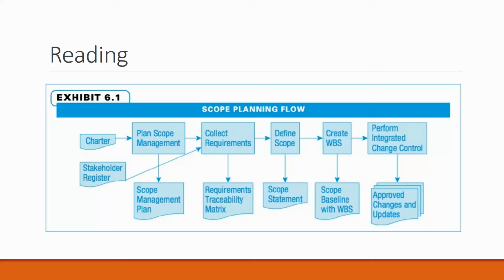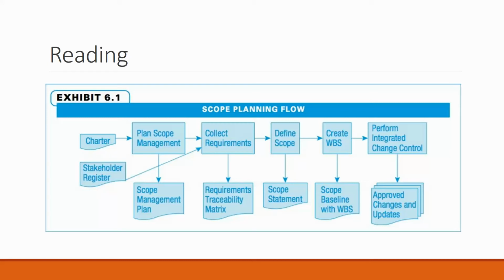scope planning. And we start with our project charter, and our project charter helps us plan our scope management, right? We always, and we know that according to the PMI, every one of our key areas, we always start by planning what we're going to do in that area. So we use our project charter to help us get started with our scope management plan.